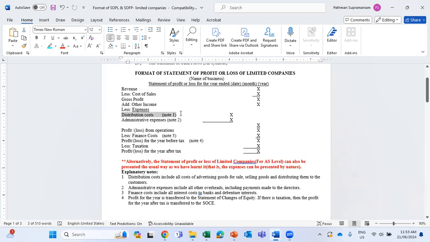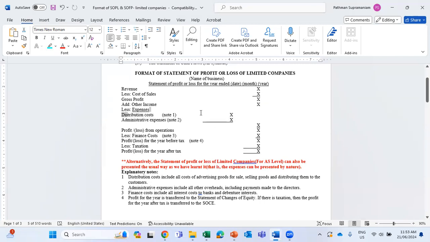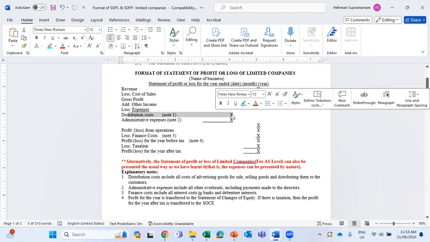Can you understand what I'm saying? So admin expense is the day-to-day running of the office, all the expenses connected with what happens inside the organization. Distribution cost is all the expense incurred in selling, getting the goods sold, like carriage outwards. Can you understand now what I'm saying?